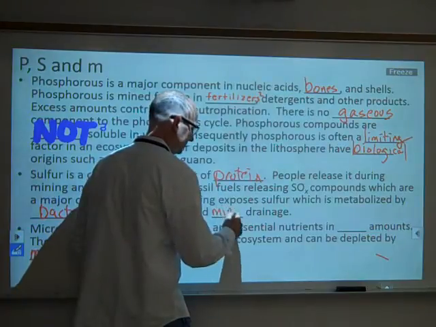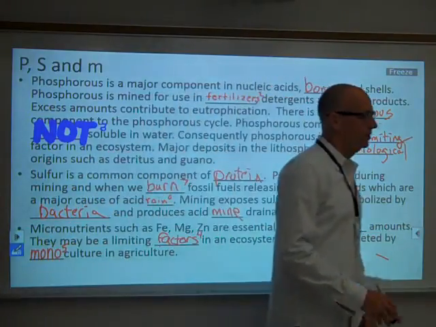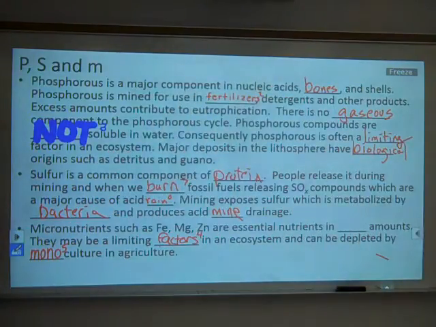So maybe you remember when we talked about mining. This leads to the same consumption of sulfur by bacteria. A lot of times they will turn it into sulfuric acid, and that creates acid mine drainage.